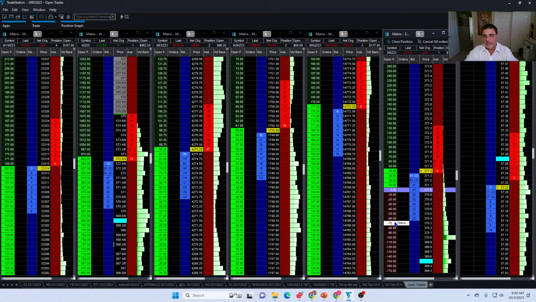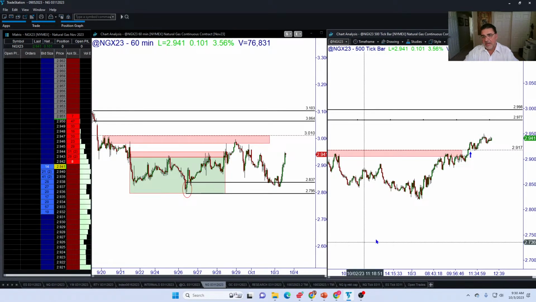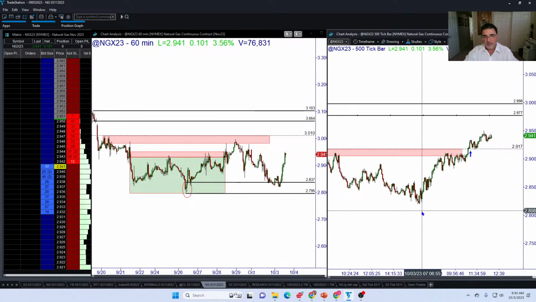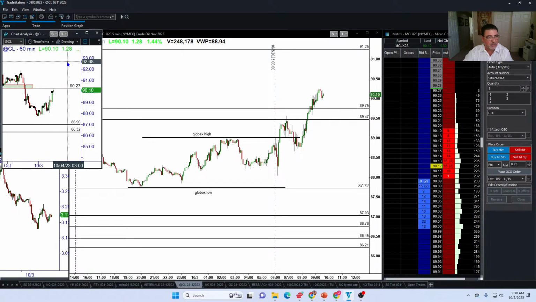All right, no tomatoes yet. Nat gas did get the breakout earlier. Crude oil, we had that, I missed that one, that short trade, and now it is climbing back up. Let's keep an eye on crude oil.